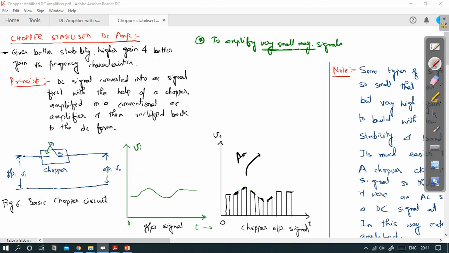After AC amplification it should be converted back into its original DC format, and after this transformation you will get the DC signal which is an amplified version of the input signal Vi, which was a DC signal. So this is the basic principle behind the chopper stabilized DC amplifier. Let us see how this works.